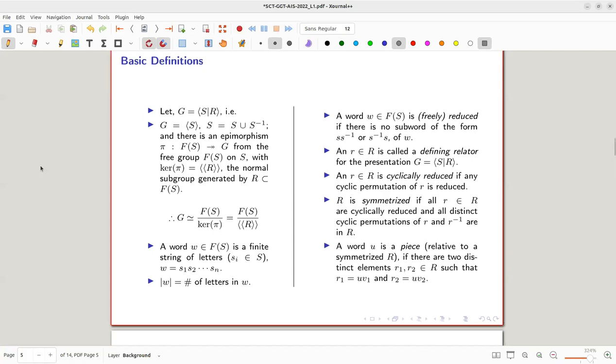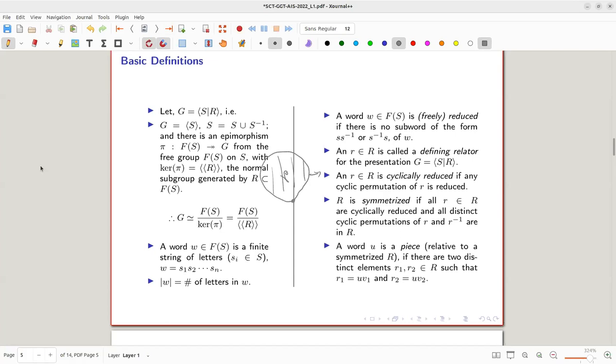What I mean by that is, if I view R as a circle, which is bounding this disk, I can see R as the boundary level of this disk.